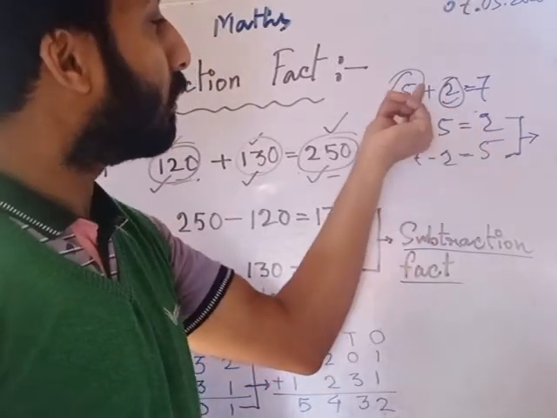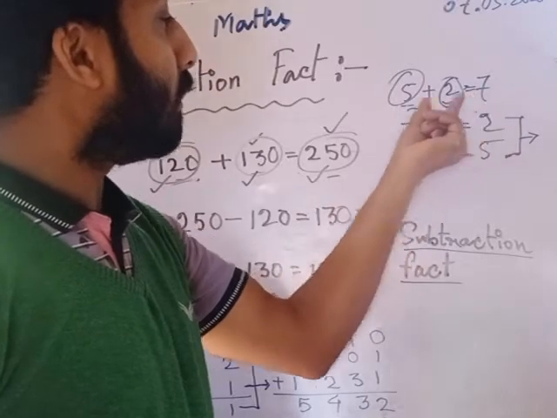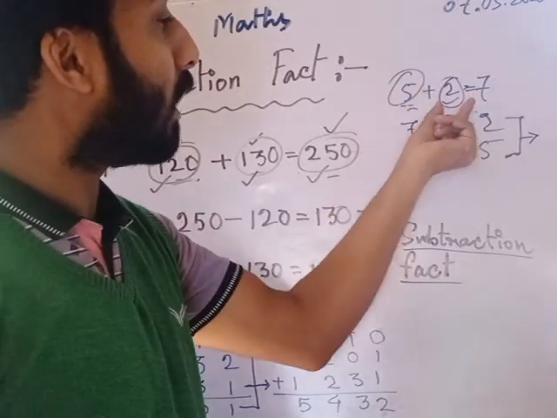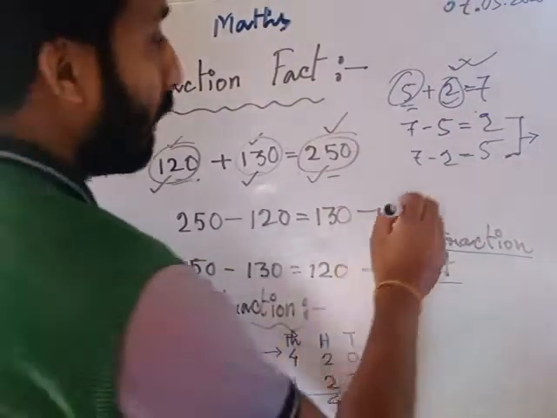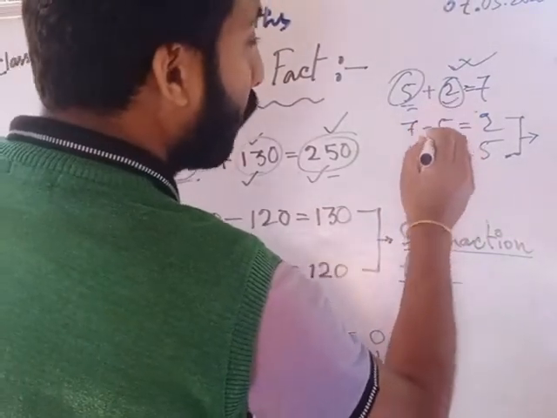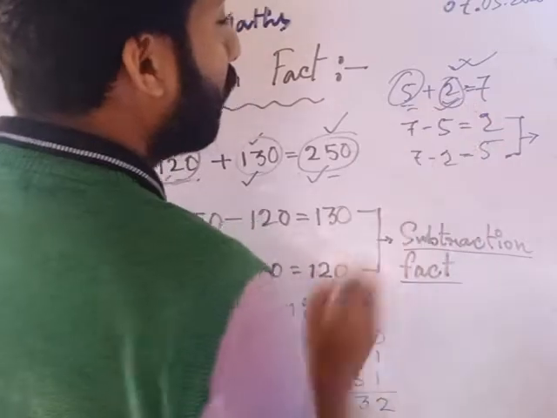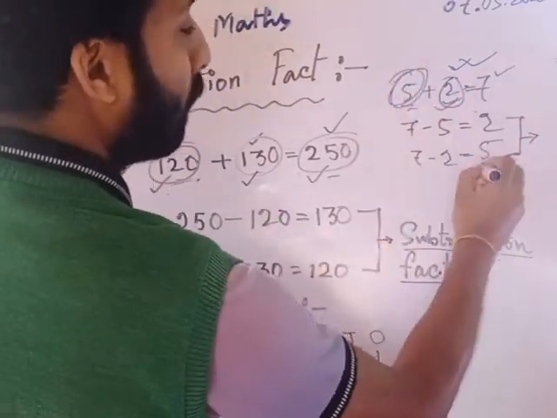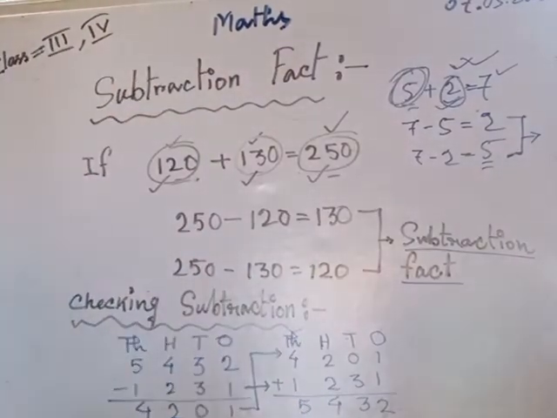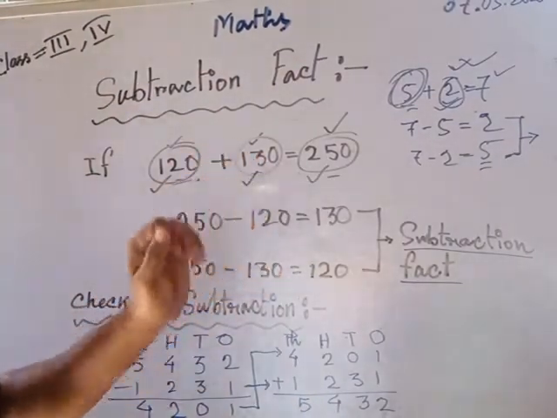If you subtract 5 from 7, you get 2, and if you subtract 2 from 7, you get 5. That is called the subtraction fact.